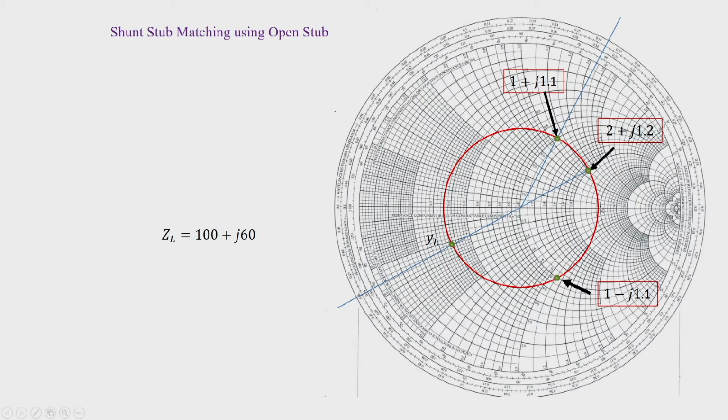Similarly, if we continue over the VSWR circle, we intersect the 1 plus JB circle for the second time at this point, and we find that here the value is 1 minus J1.1. We draw another line through this point from the center of the Smith chart.